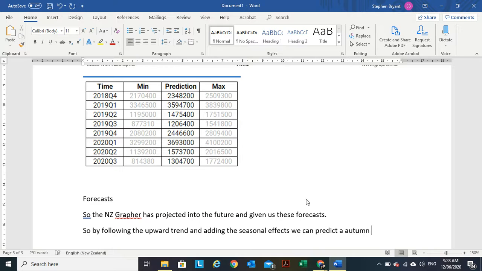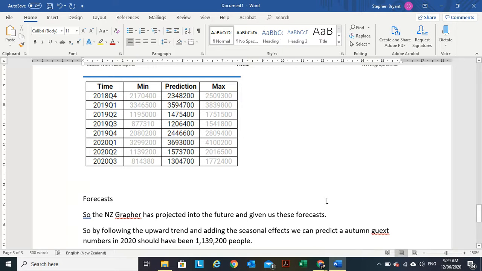Okay, autumn guessed numbers in 2020 should have been, and we have here, so 2020 quarter number 2, 1.1 million, so let me put those commas in, 1,139,200 people.